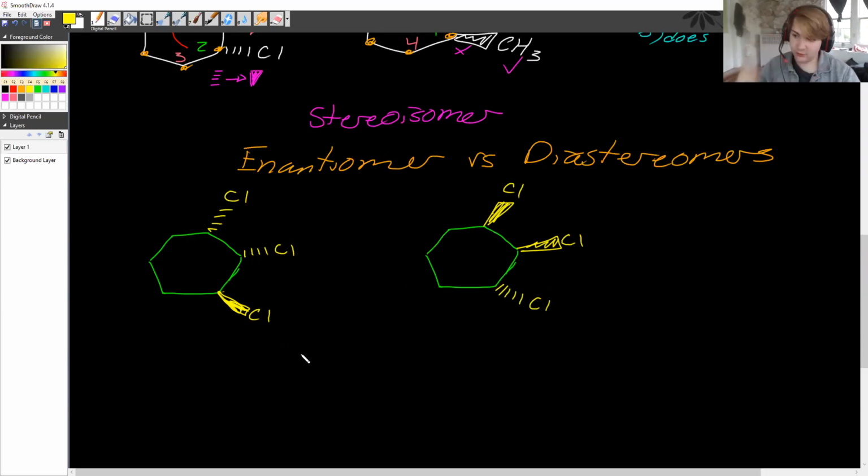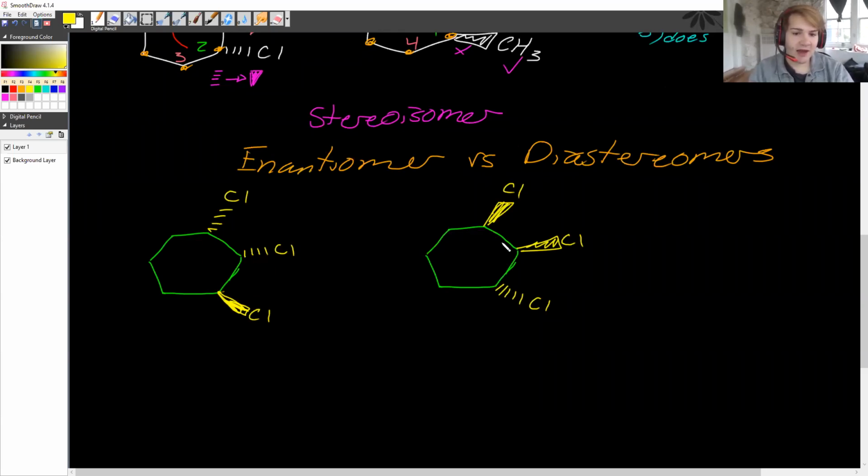The question becomes, are these the same molecule or different molecules? Are they constitutional or stereo? And what kind of stereoisomer are they? Are they enantiomers or diastereomers?